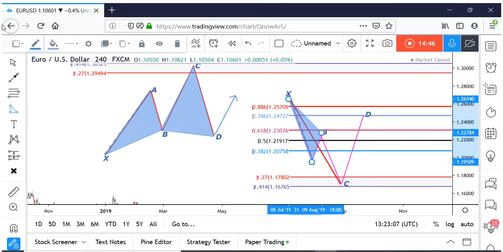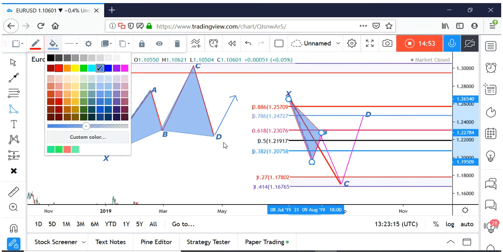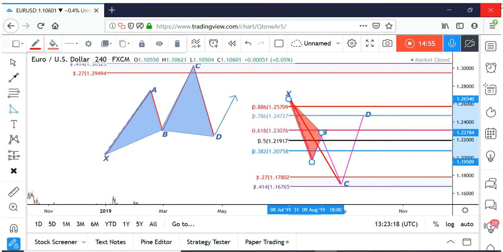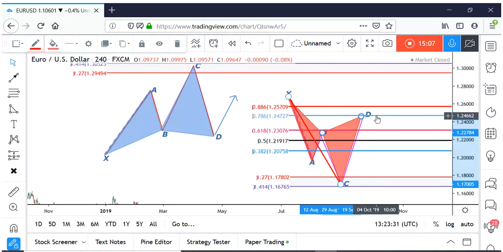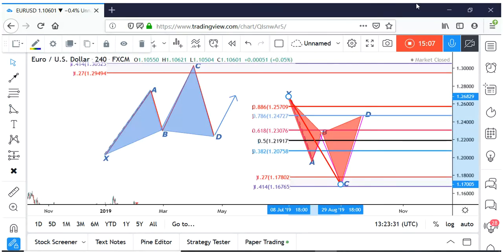So now I'm going to use red. This is our bearish CYPHER pattern.